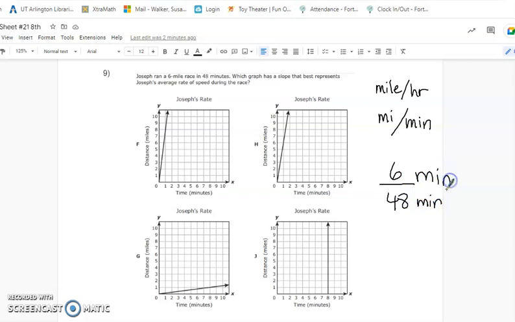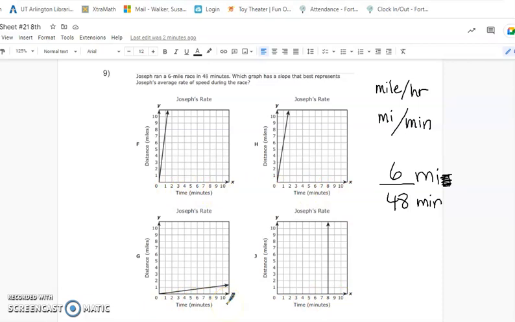So I'm going to look on here and see if I see this anywhere. I need time. It's got to be 6, and then, I'm sorry, this should be miles. It should be 48 minutes, 6 miles. So when I look at this, none of these have 48 minutes, so I kind of need to take that down.